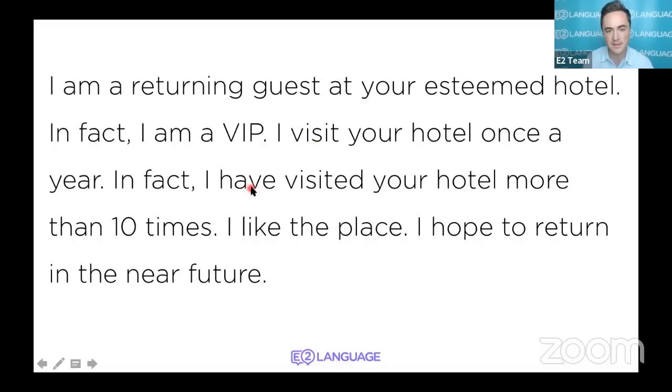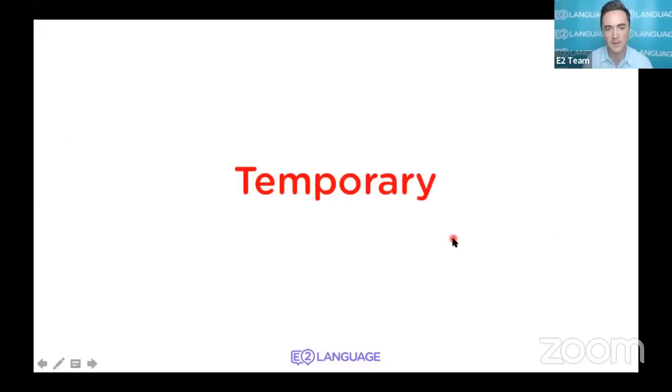This one's different. I have visited your hotel. See the difference there? I visit your hotel. I have visited your hotel. It has a different secondary meaning. I like the place. There's the verb like, and I hope. So am, visit, like, and hope.